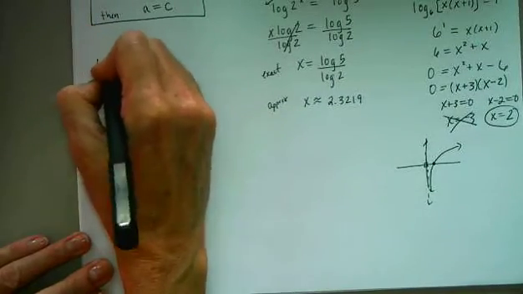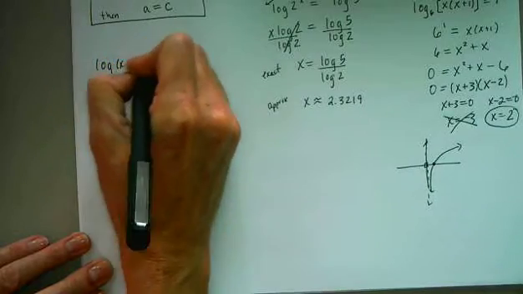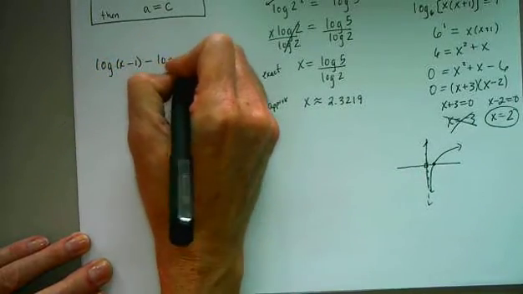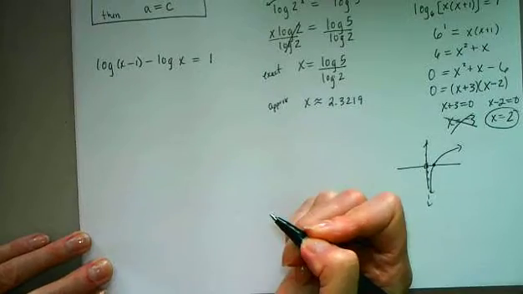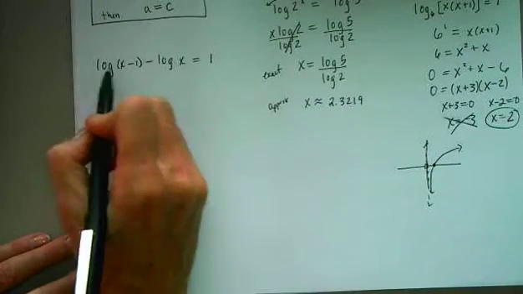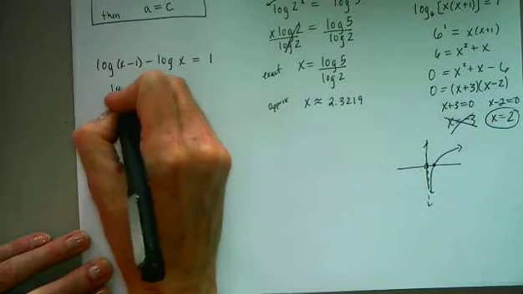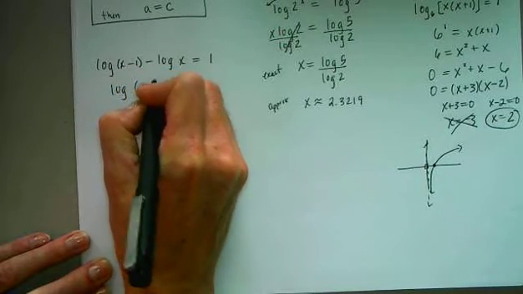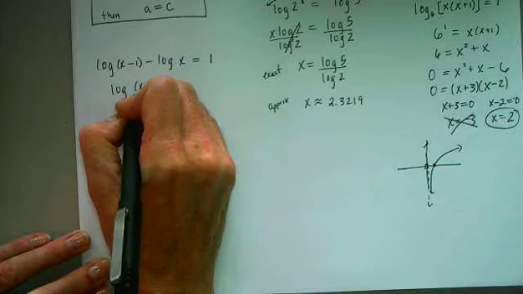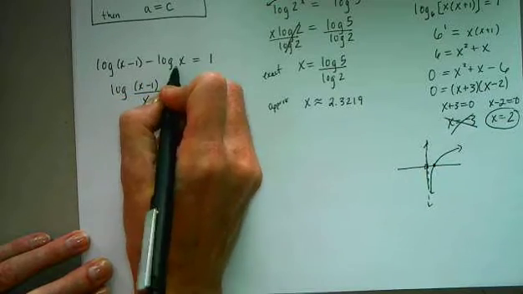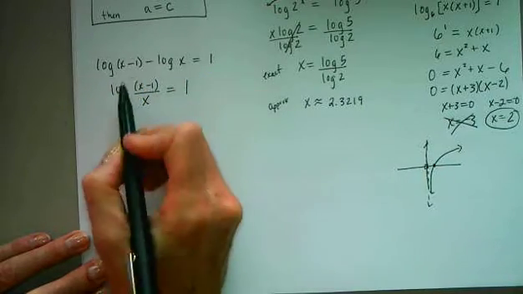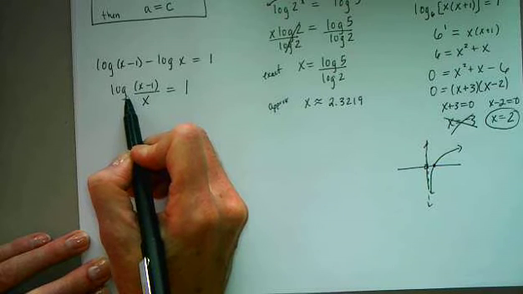Let's do the log of x minus 1 minus the log of x equals 1. So once again, we have two logs, and we need to begin by condensing them. And I know that condensing means that since I'm subtracting, I will divide by x. And I know that there's no base here, which implies that the base is 10.